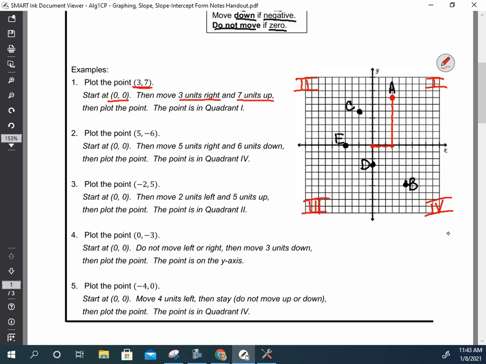We'll do one more. So 5, -6. Start at 0, 0. Go 5 units to the right. And then 6 units down.